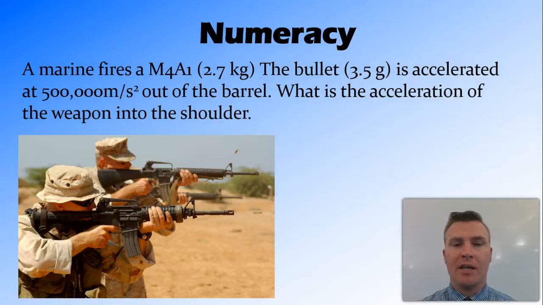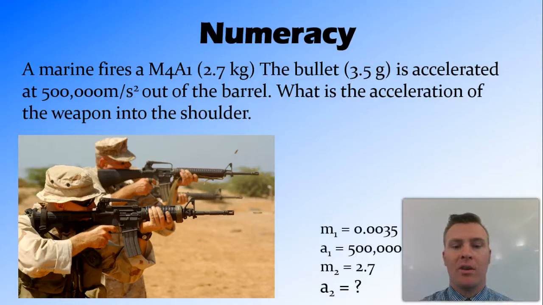Now what we do is first find out what we know. So we know that the mass of the first object is the bullet, 3.5 grams, or if we were to convert that to kilograms, it would be 0.0035 kilograms. And we know that the acceleration is 500,000 meters per second, and the mass of object 2, the M4A1, is 2.7 kilos, and we're trying to find the acceleration, or the recoil.